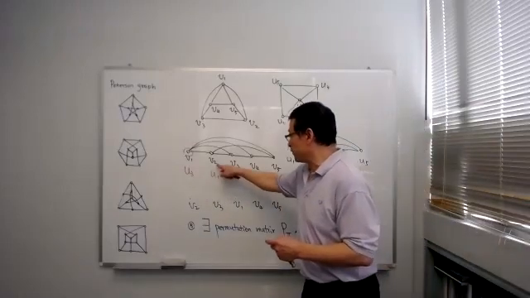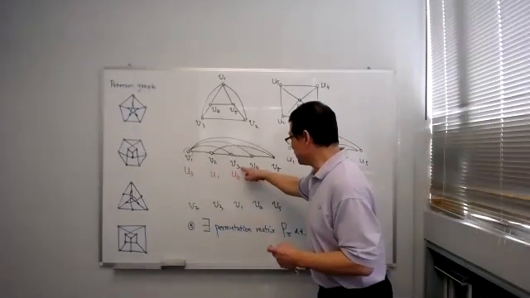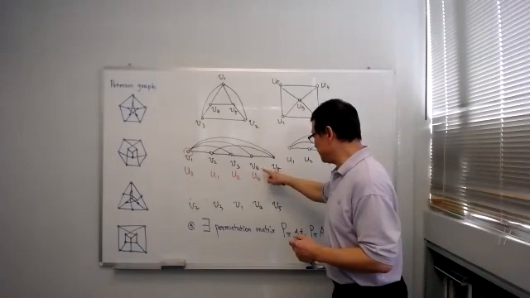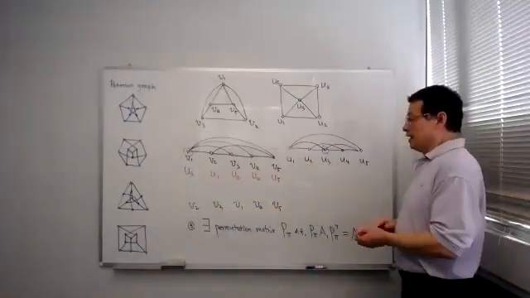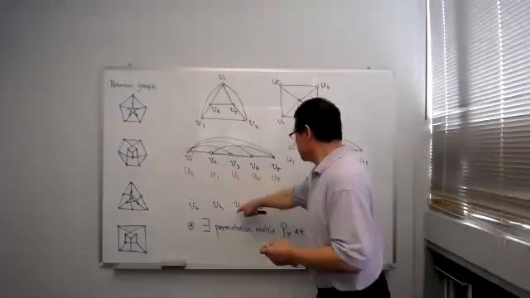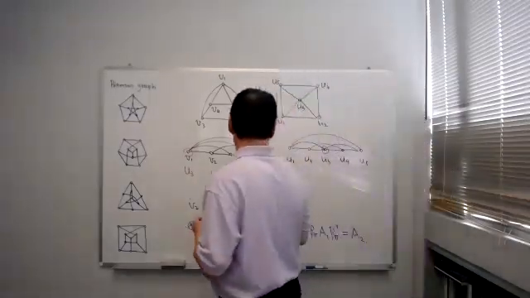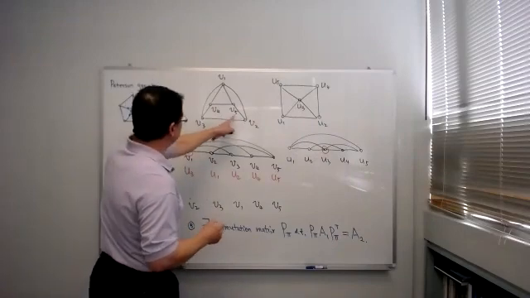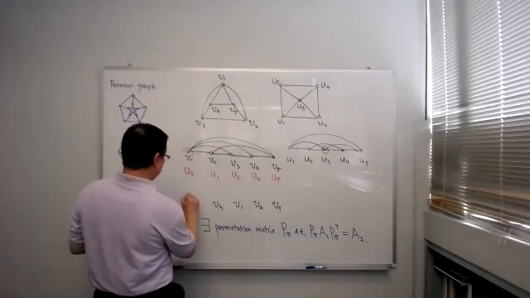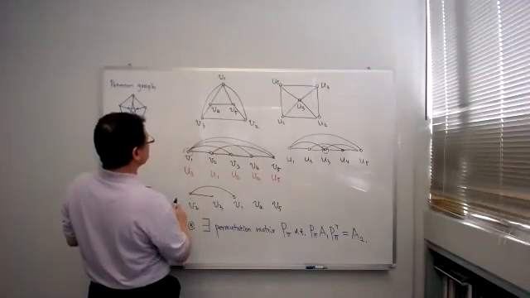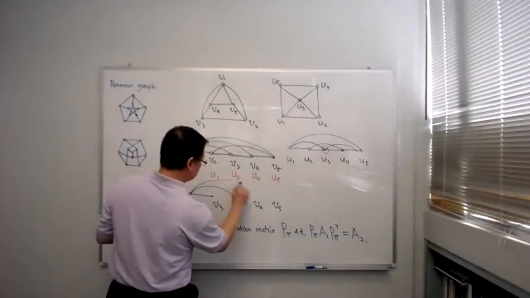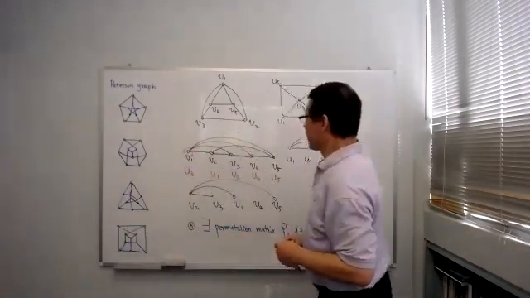So here U1 will correspond to V2, U2 correspond to V3, U4 correspond to V4, U5 correspond to V5. So I have this ordering. Now according to this, to draw this one, V2 is adjacent to 5.